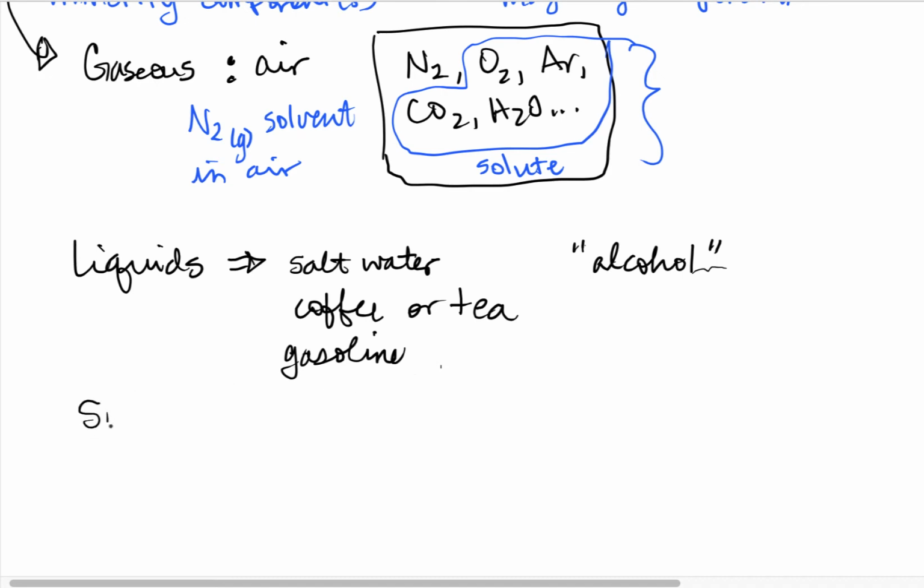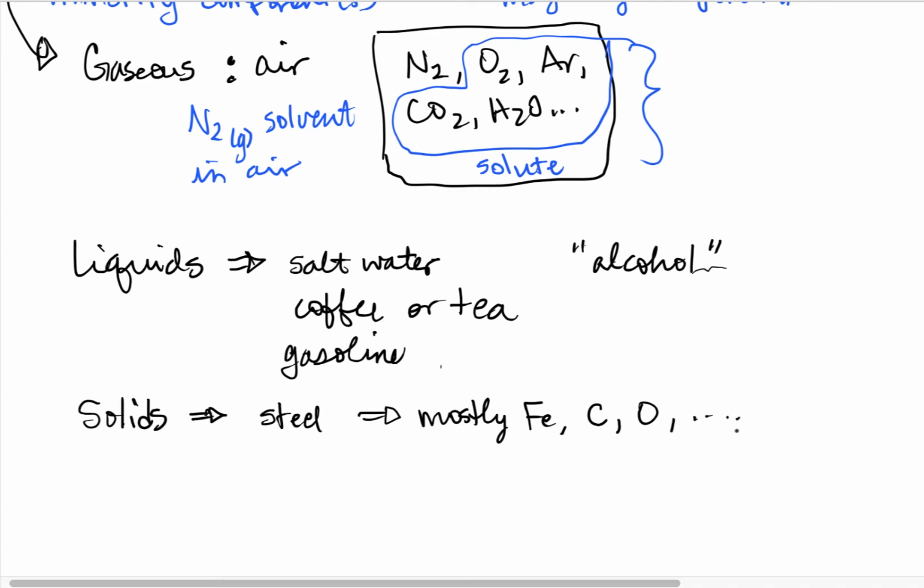But you can also have a solid solution. And this one is probably the one we think of the least, because it's just not very familiar to us. But if we think about something like steel, steel is a solid solution that is made up of mostly iron, but it has some carbon, it's got some oxygen, it's got a whole bunch of minority components in here that affect the specific properties of the steel.